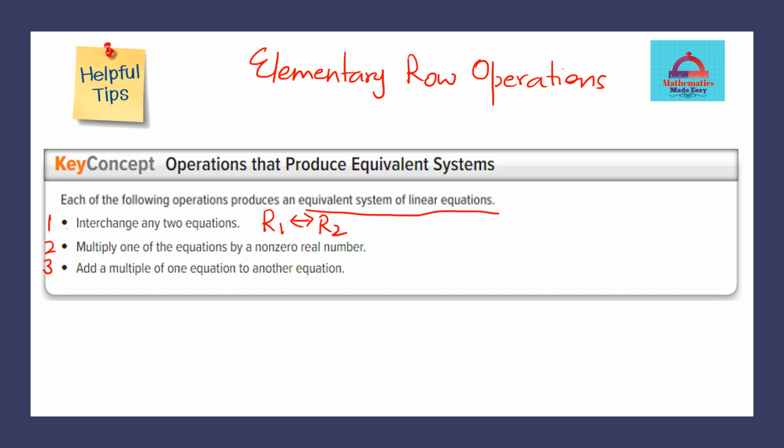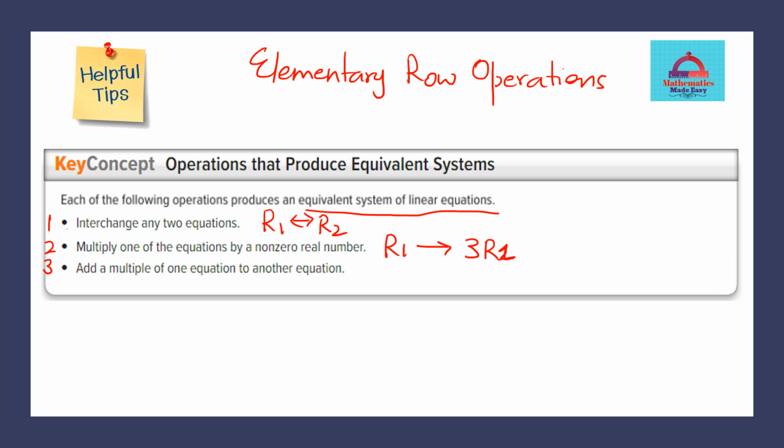Next, multiply one of the equations by a non-zero real number. So for example, I apply the operation R1 becomes 3 times R1. That means I multiply the whole first row by the non-zero number 3.